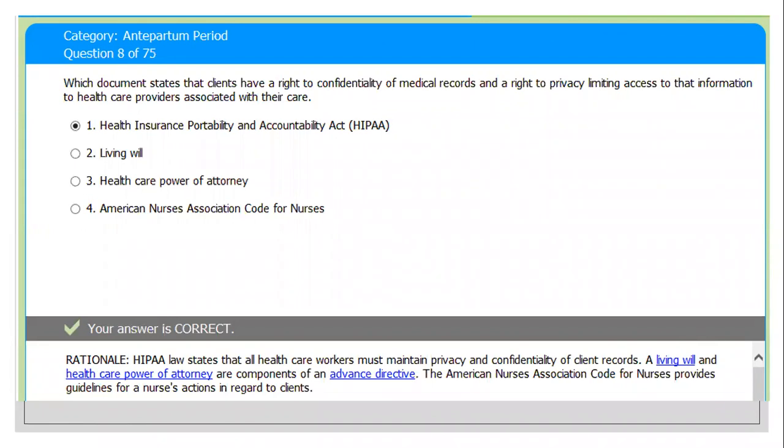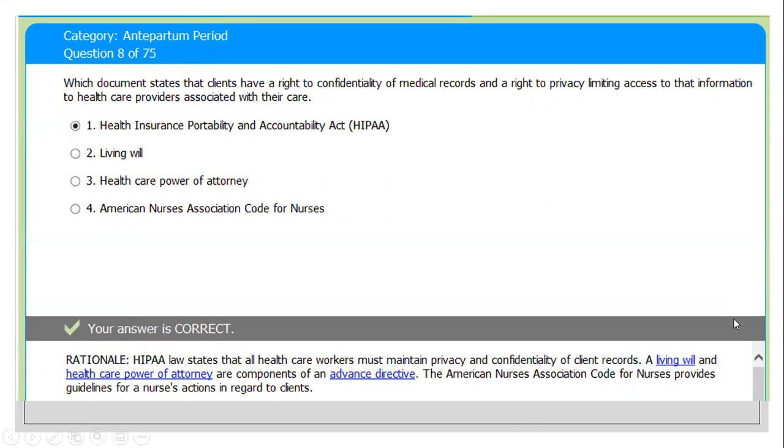Again, let me recap it. Living will, also a written statement, details a person's desire regarding their medical treatment in the circumstance in which they are no longer able to express informed consent.